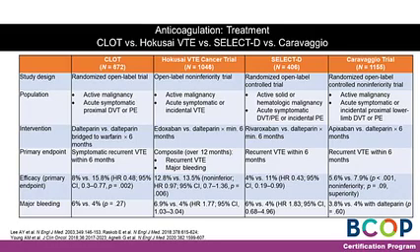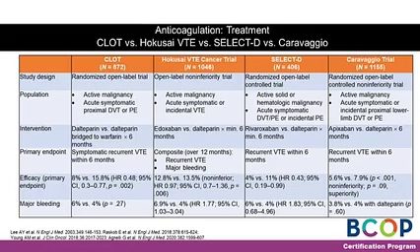Our next trial is the SELECT-D study. This was a randomized open-label controlled trial of just over 400 patients with active solid or hematologic malignancies, an acute symptomatic DVT or PE, or an incidental PE. Patients were randomized to rivaroxaban or dalteparin with a primary endpoint of recurrent VTE during the 6-month study period.